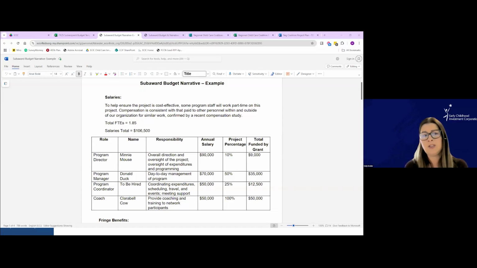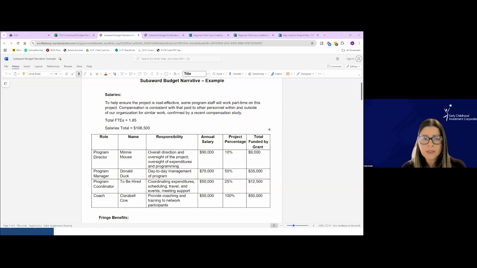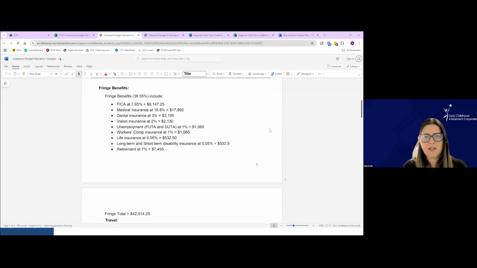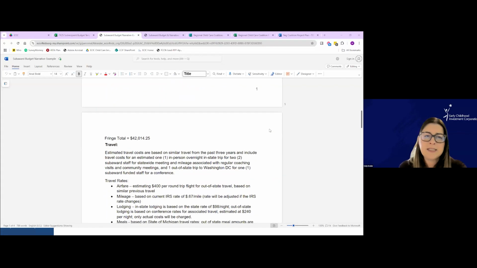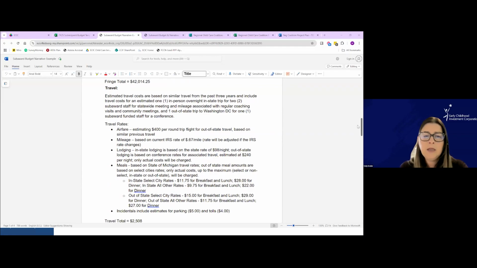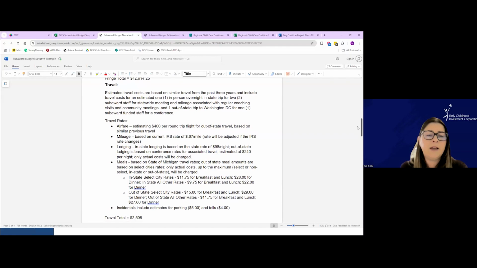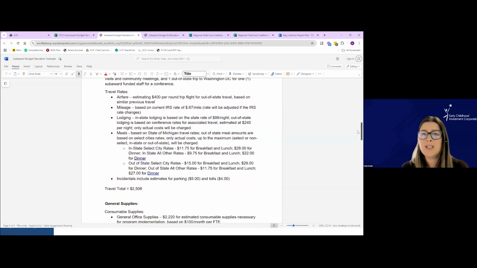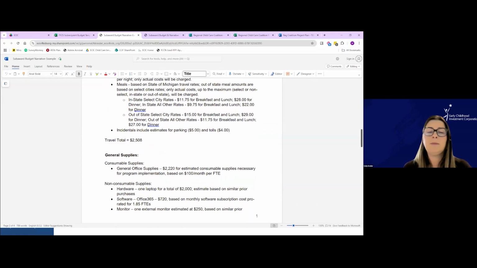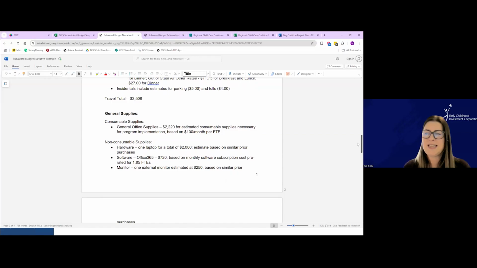But on the narrative here, we do want to see names, and that helps us track across multiple funding opportunities, so we know we're talking about the same person if you have somebody who's in multiple opportunities with ECIC. And then we can just scroll down so you can get a sense of how things are set up. Again, feel free to modify how you reflect the information as long as you're including at minimum the same level of detail.